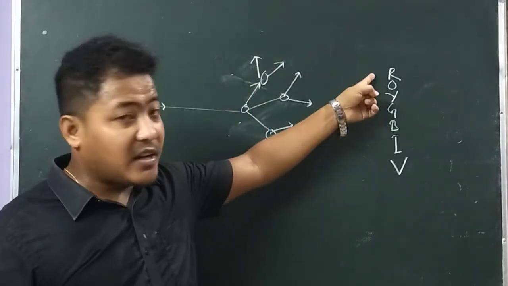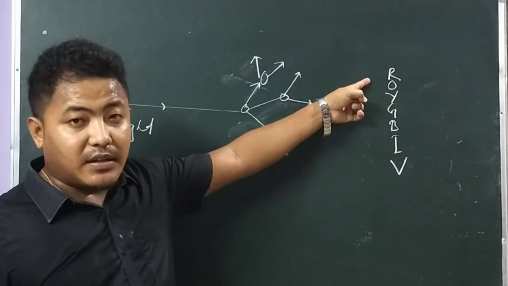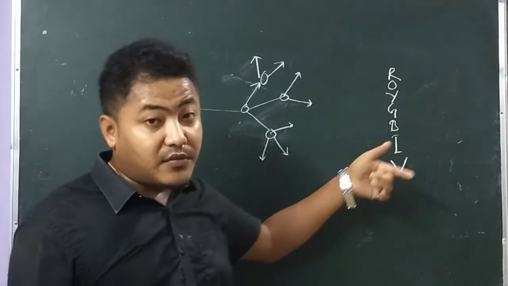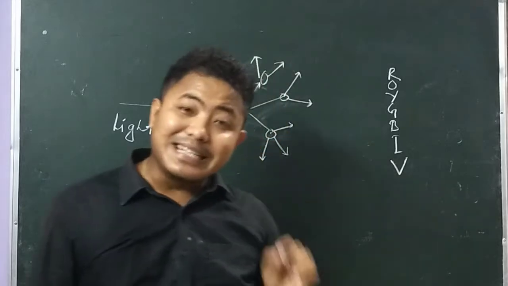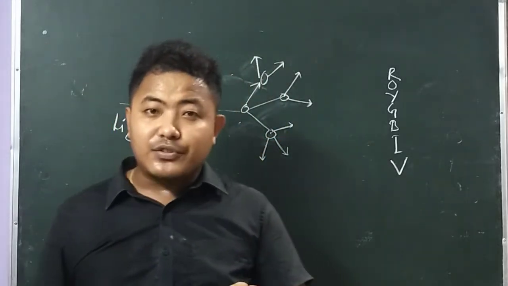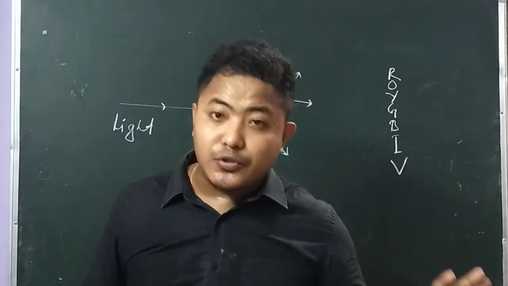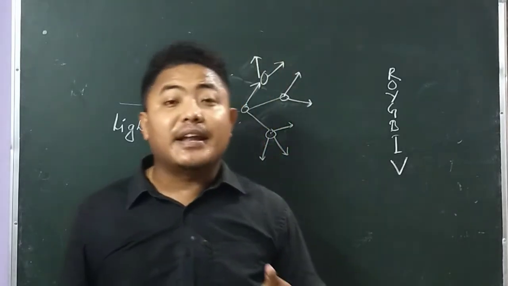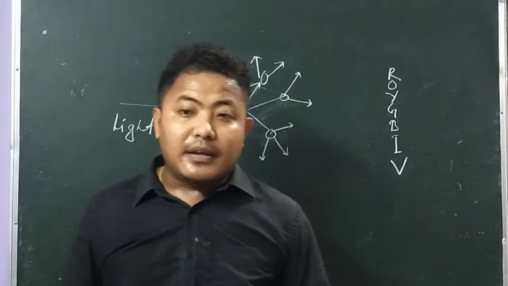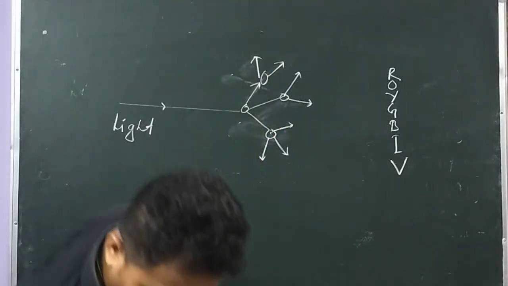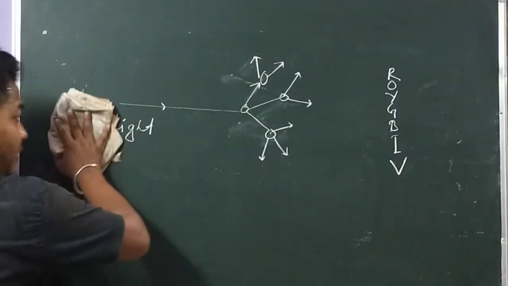Red color has a different scattering intensity. The intensity of all the scattered light is not equal, and that has been nicely explained by Rayleigh. That's why you will find a law called Rayleigh's law.